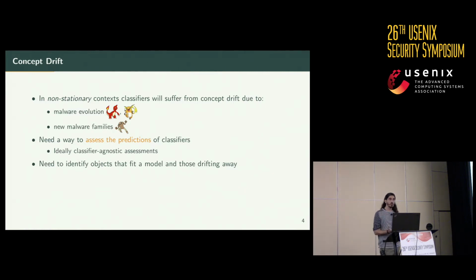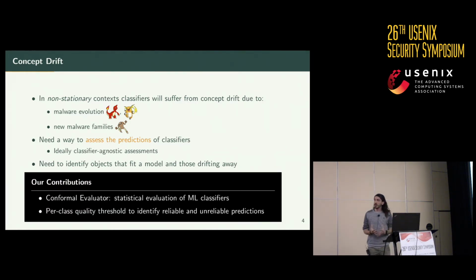So what we want to do is assess the predictions that a classifier is making, and we try to do this in an algorithm-agnostic way. In doing that, we try to identify concept drift.